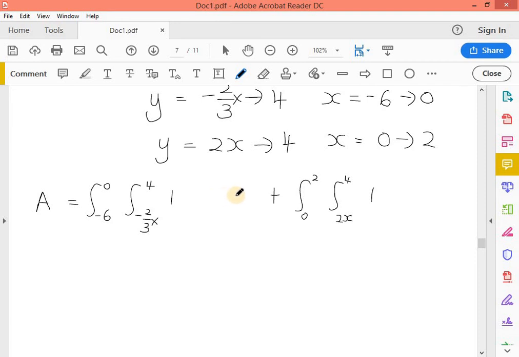So this thing again is dy, dx, and dy, dx. So now you have to solve two double integrals. Okay, can you try to solve it?